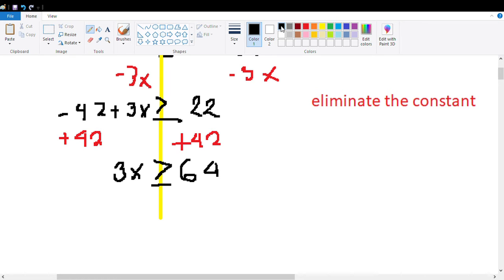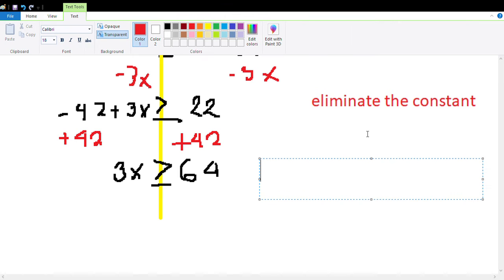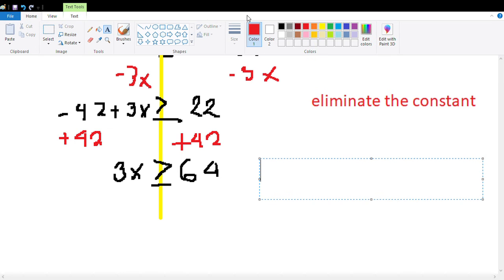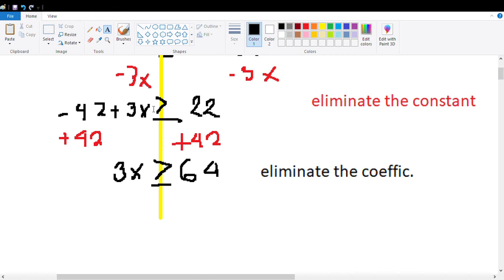Now, what's the next step? You eliminate the coefficient. To do so, you're going to divide both sides by 3.